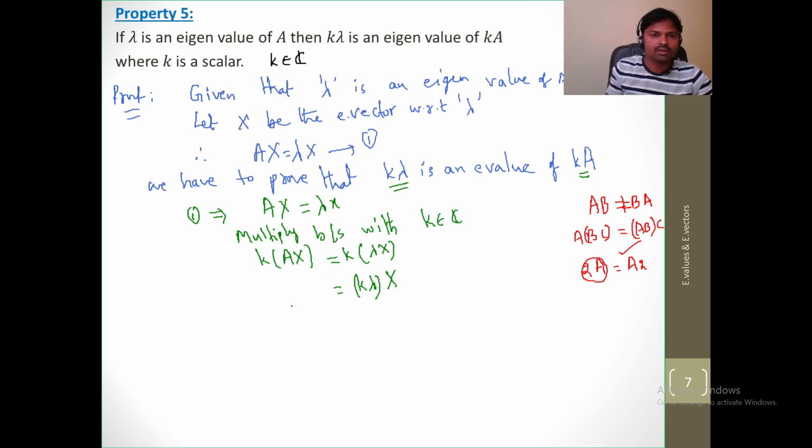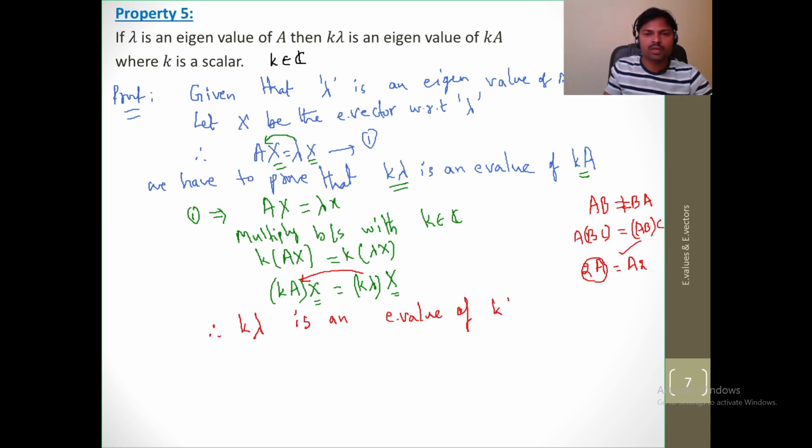So therefore, k into A into x, you can write like this also. Look, x should be alone here. In Ax equals lambda x, x is alone, so I can say that lambda is an eigenvalue of A. Similarly, with x alone, now I can say that k lambda is an eigenvalue of kA. So k lambda is an eigenvalue of k into matrix A, where k is any scalar, k belongs to the complex number set.